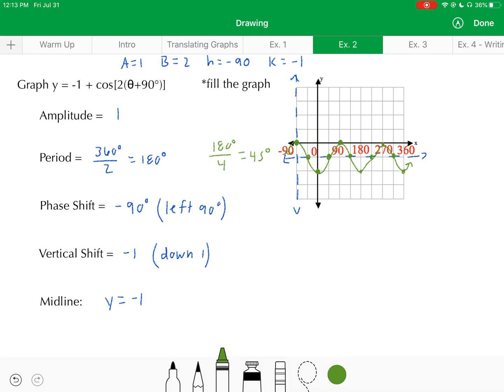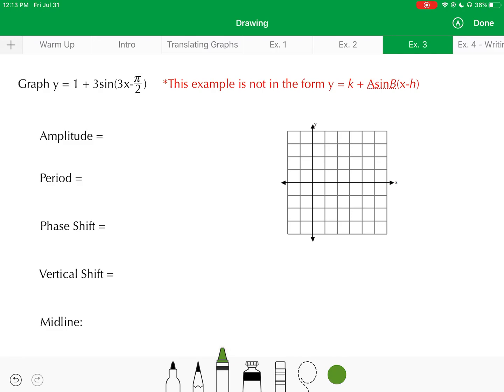Okay. All right, one final example. Here we're graphing y equals 1 plus 3 times the sine of 3x minus pi over 2. And what we want to notice is that the argument of this function, which is 3x minus pi over 2, is not in the form that we need it to be in, okay?